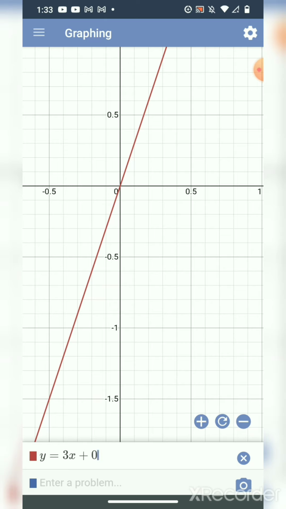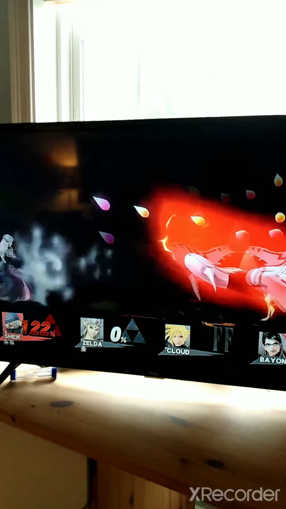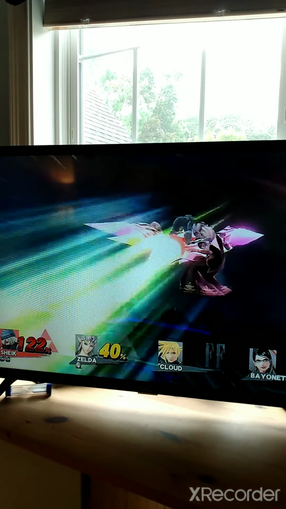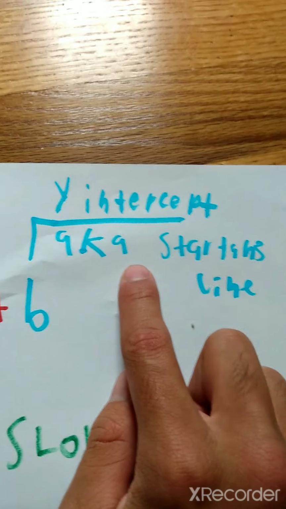That's why it's called a y-intercept, because it intercepts and strikes through the y-axis.